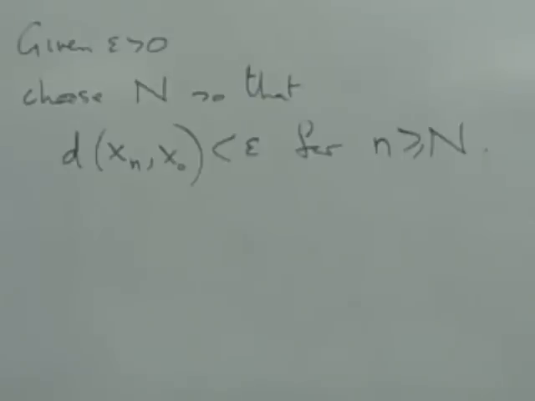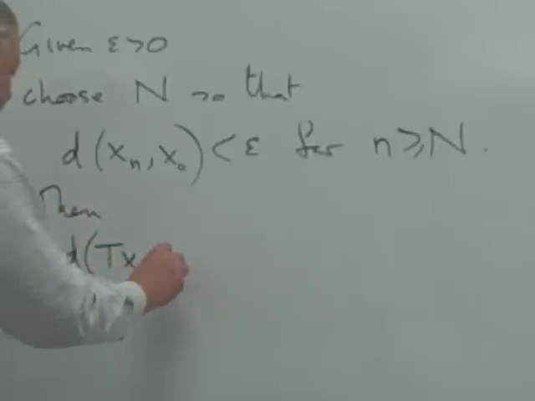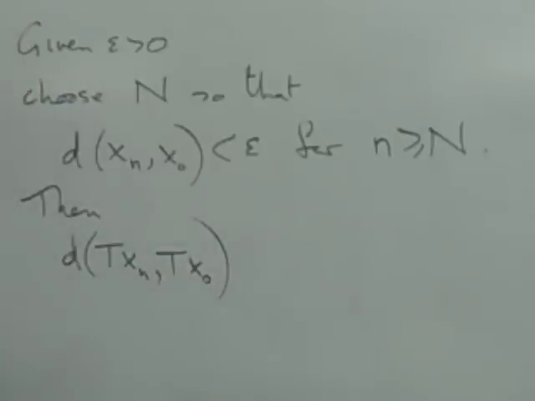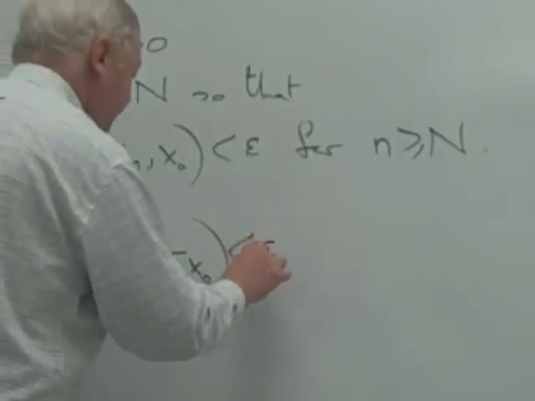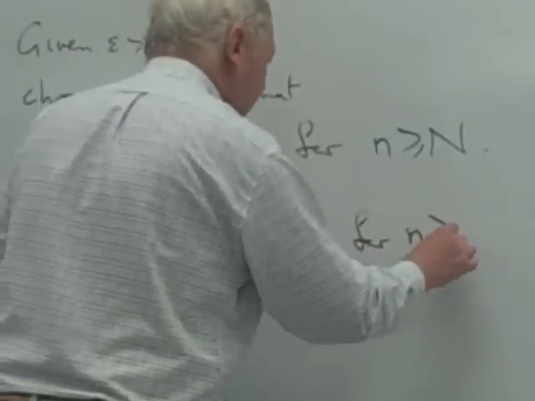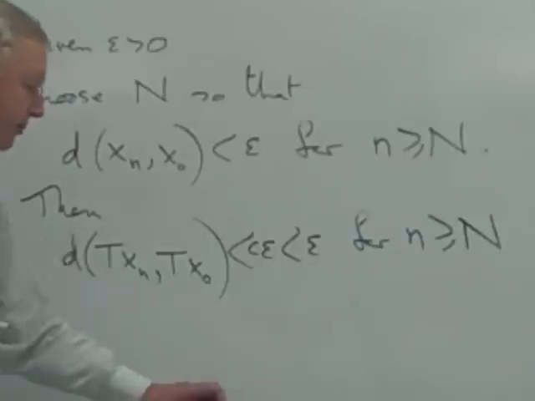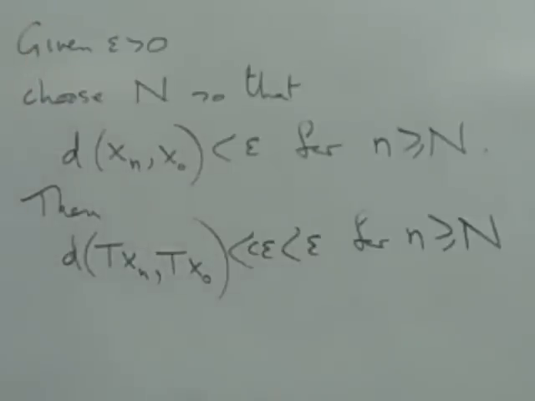Now, if I apply T, that makes the distance smaller. So then the distance between T xn and T x0 is less than c epsilon, which is less than epsilon, for n greater than or equal to capital N. But T of xn is just the next point in the sequence. That's xn plus 1.